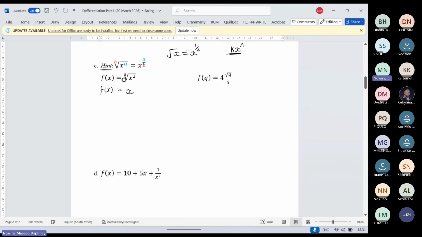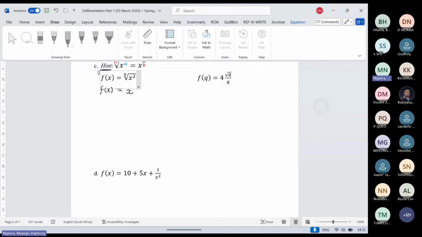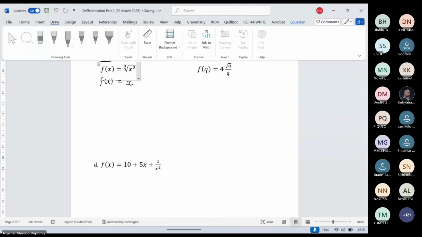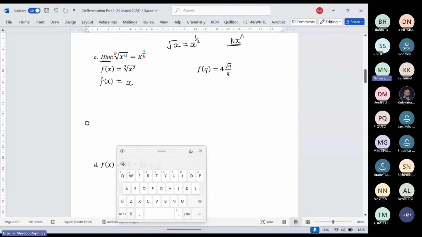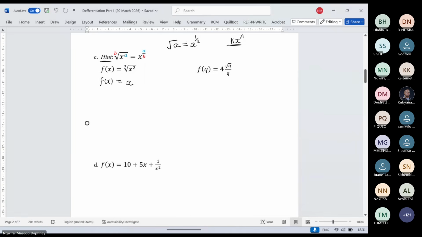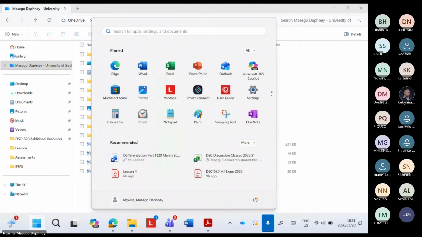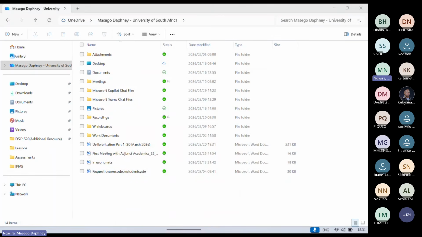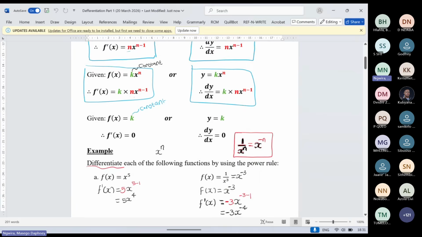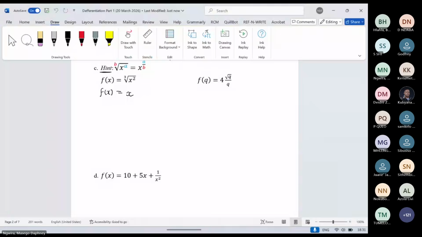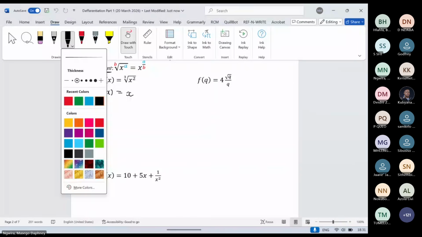I'm just going to use these colors. Let me try again. A, I'm going to use the blue one.